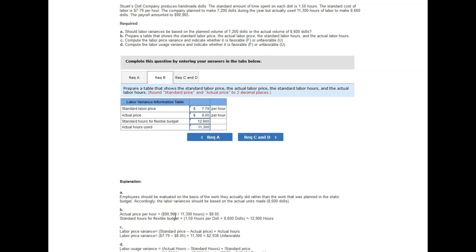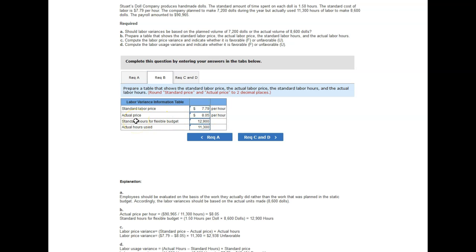We paid $90,965 total labor. We incurred 11,300 hours of direct labor. So just divide. The actual total labor divided by the actual total hours gives us the actual rate per hour, $8.05. Let's drop it in here.